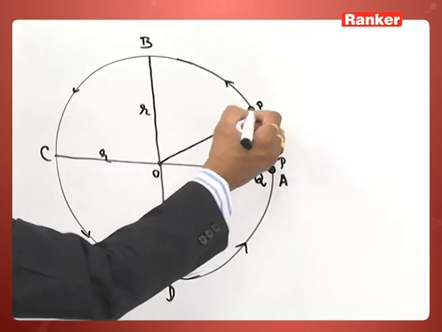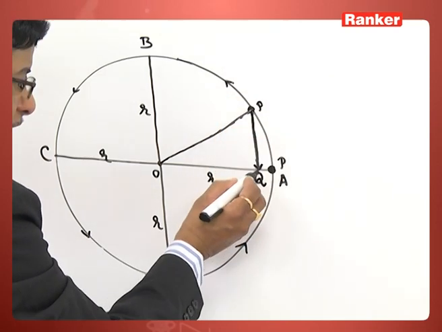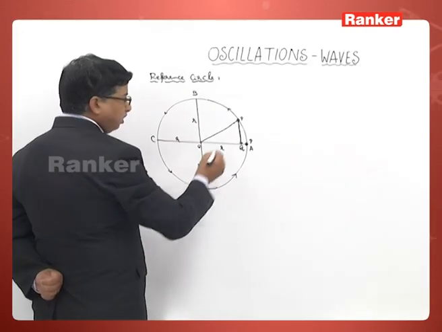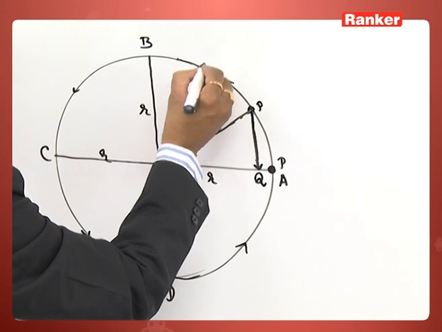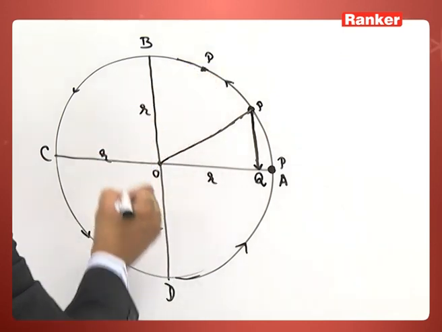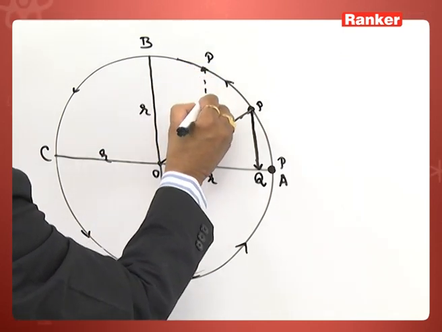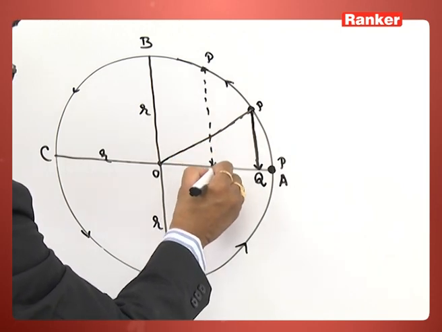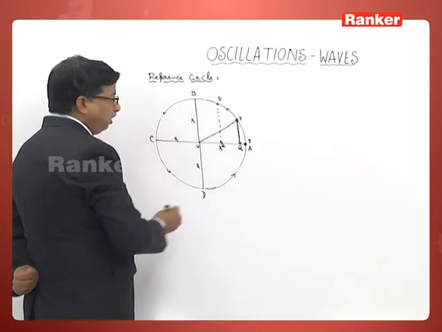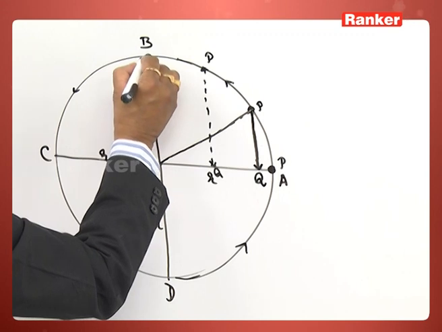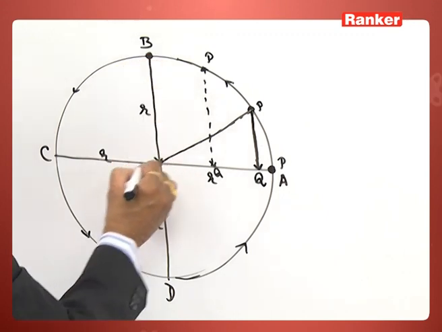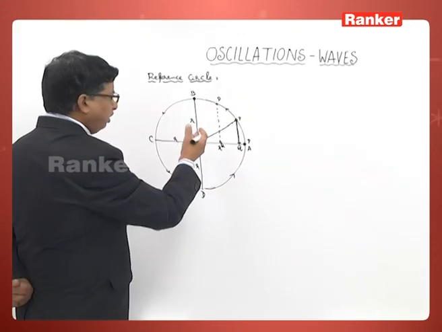Suppose the point P is here, this will be the position of Q. When the point comes to this particular position, naturally the point Q will be here somewhere. When the point P reaches B, then Q will be at O. So, what can we understand out of this?